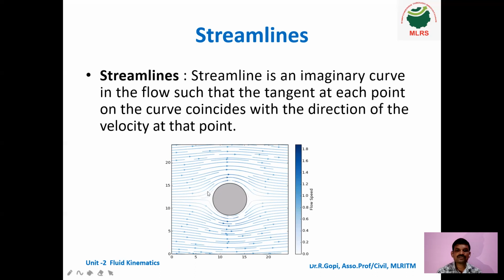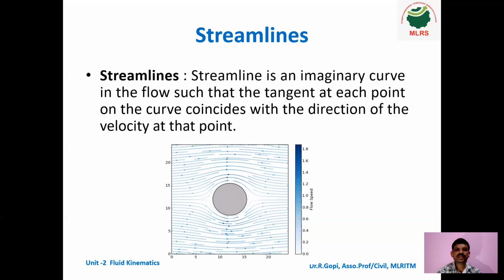So now draw a tangent for the curve at each point. The curve coincides with the direction of the velocity at that point. So the tangent gives the velocity at the point.